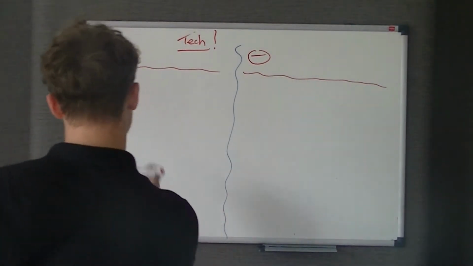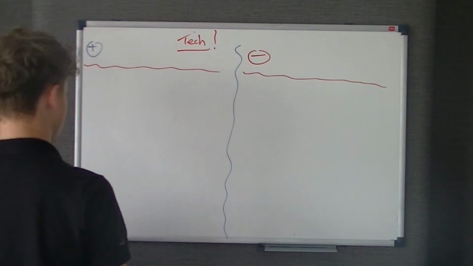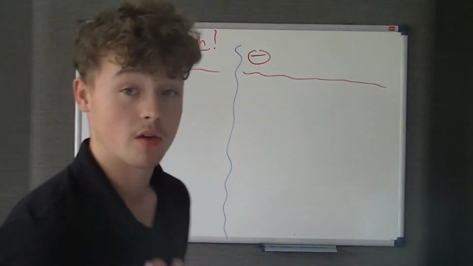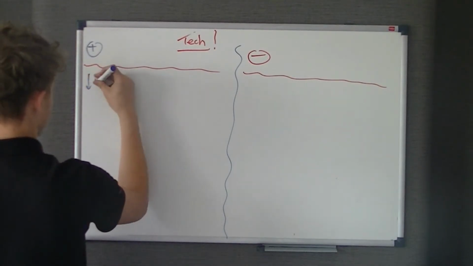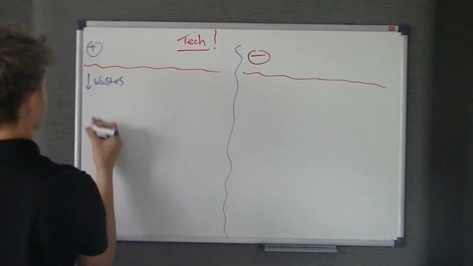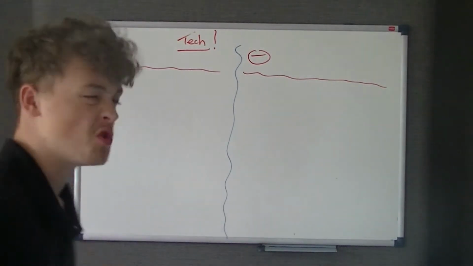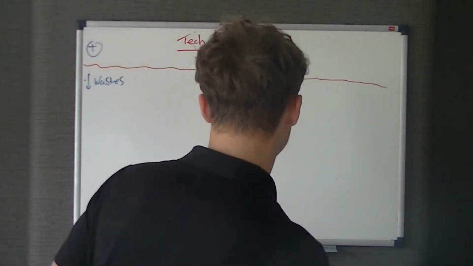So, obviously, an advantage of improving technology is that it reduces waste, because technology, robotics for example, doesn't make mistakes, and sometimes humans do. But if you're implementing a TQM system, the advantage of reducing waste is not that great, because generally waste is zero anyway.